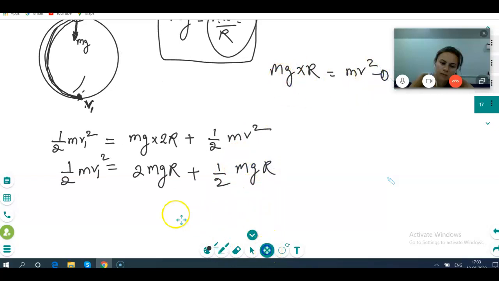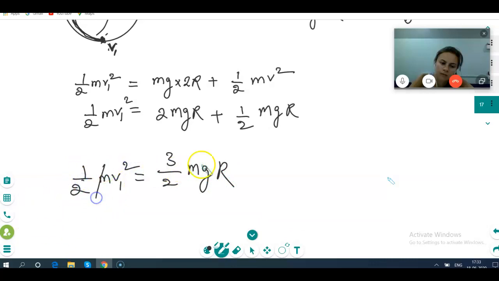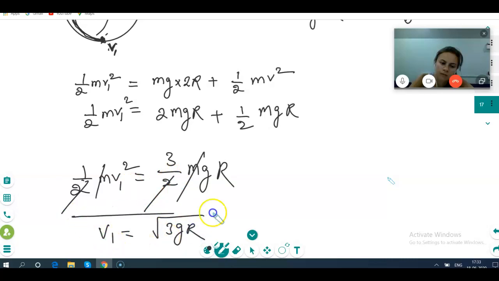So it will be 3/2 mgr plus mgr... equal to half mv1². I want v1, the m's cancel, the 2 cancels. So v1 is equal to root of 3gr... you see the answer, it is there.